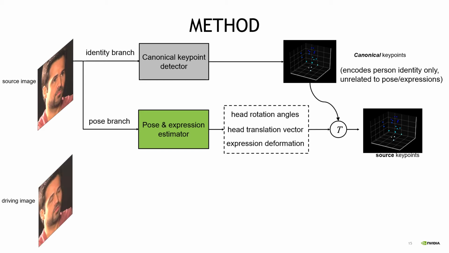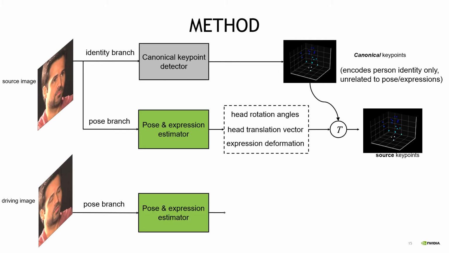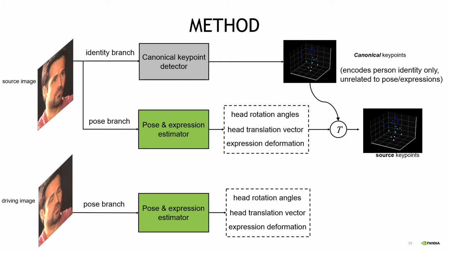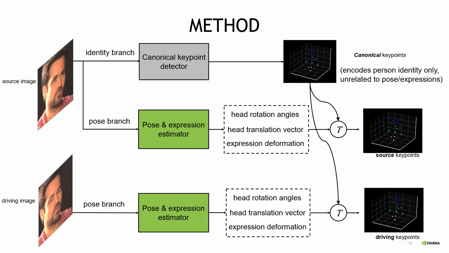And for the driving image, since we expect it to come from the same person, we don't need to extract the identity information again. So we just apply the pose branch to extract the head rotation angle, head translation vector, and expression deformation. And by combining with the canonical key points from the source image, we have the 3D driving key points.